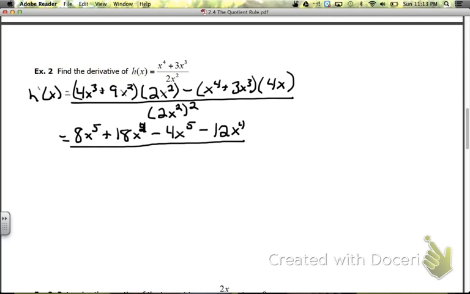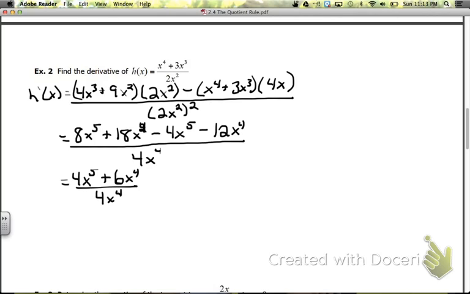I think I said that, I just wrote it down wrong. All over 4x to the power of 4. Collect our like terms. So when we actually collect the like terms, we have 4x to the power of 5 plus 6x to the power of 4 all over 4x to the power of 4.